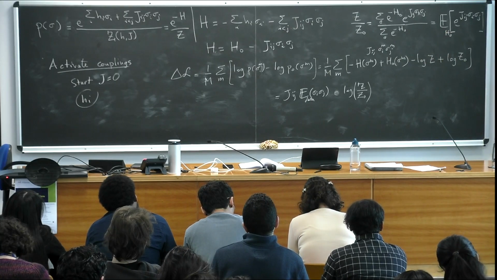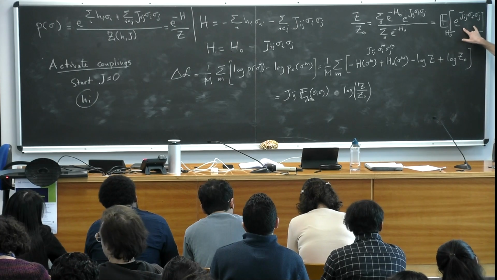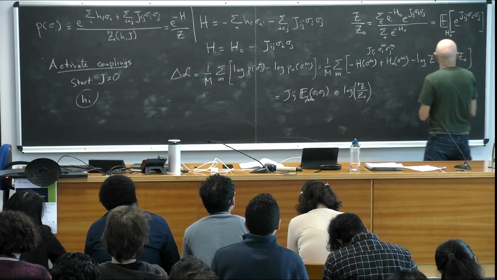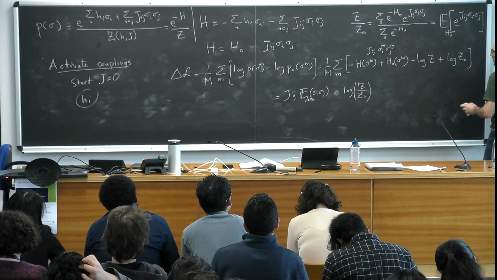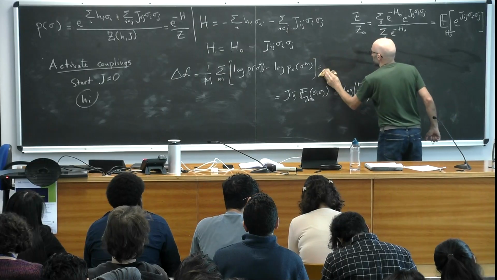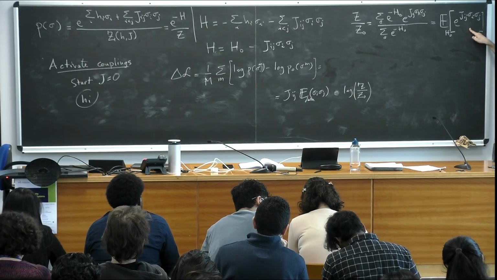Okay? So now the average of this is actually very easy to compute because j_ij is either 0 or 1.